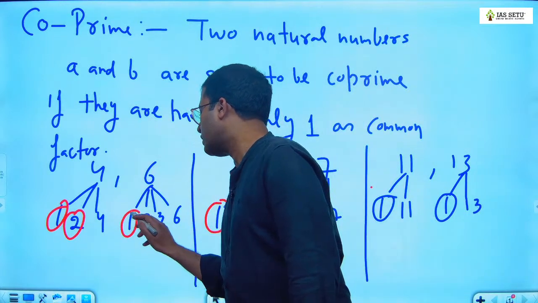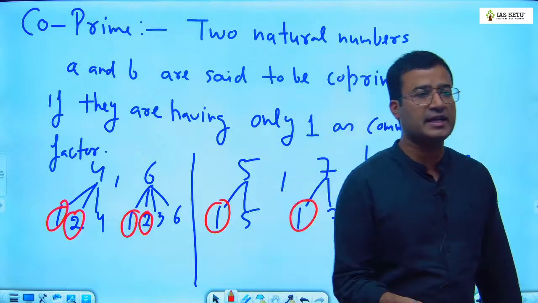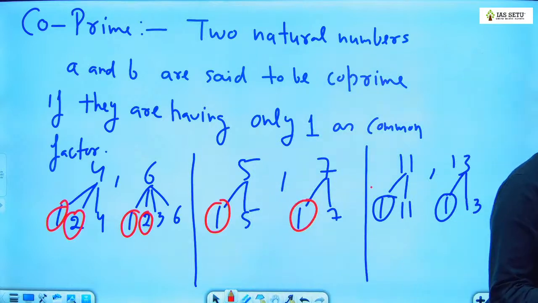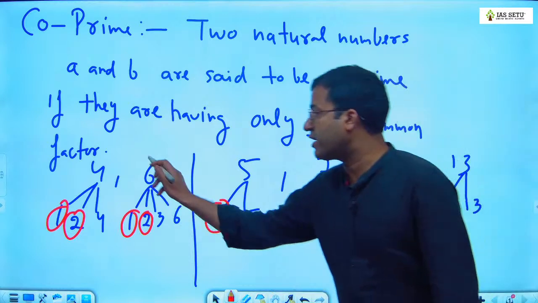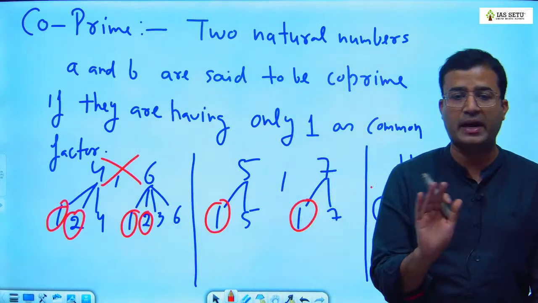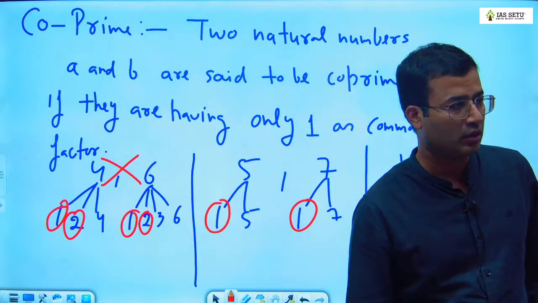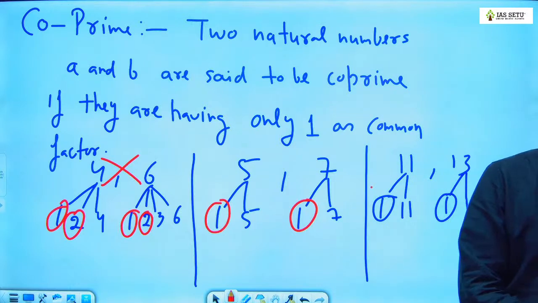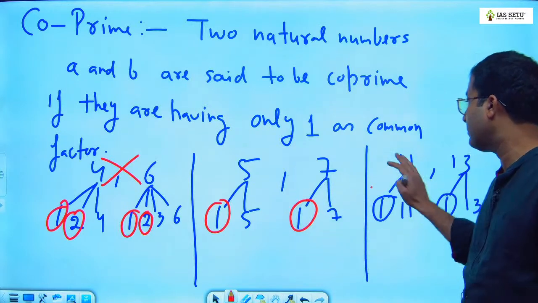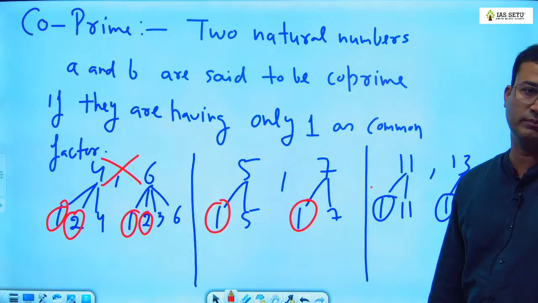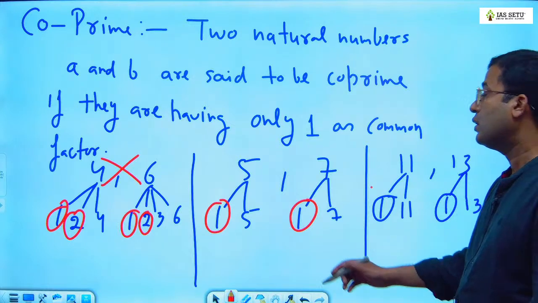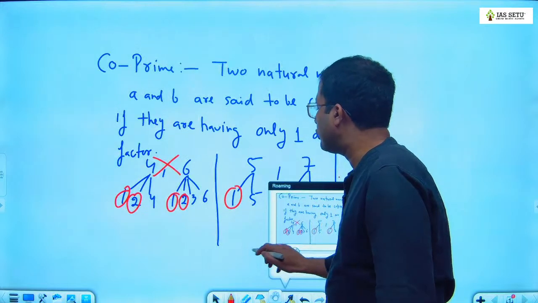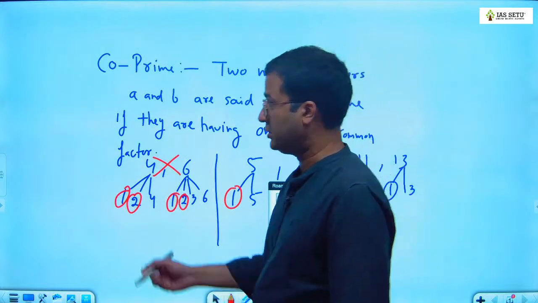Since these two numbers do not have only one as a common factor, they have another number also as a common factor. That's why 4 and 6 are not co-prime to each other. 5 and 7 are co-prime, 11 and 13 are co-prime to each other. We use another term for co-prime: relatively prime to each other.